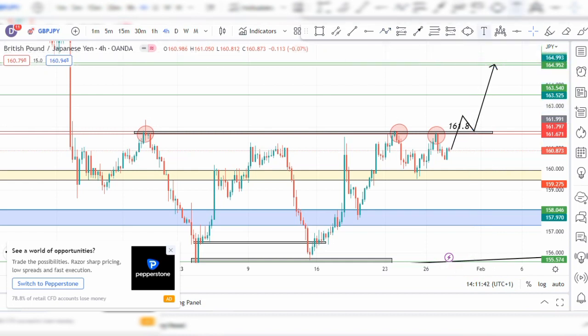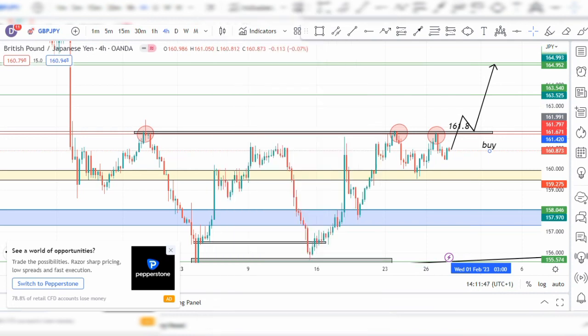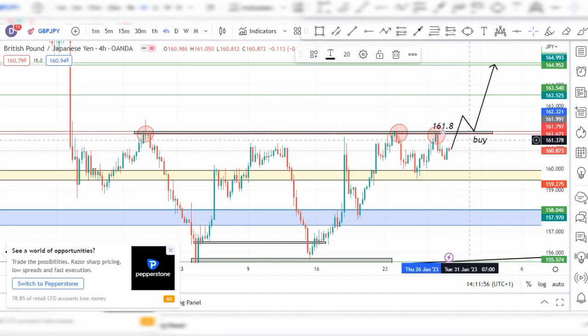So that is us identifying the key area. And again, patience will help in this situation. If we wait for price to break that 161.8 area, come back to retest, and give us a bullish signal on that area, then we should be looking to buy. The bullish signals I look out for are engulfing candles, pin bars, and I'll also be looking for inside bars in that key area.